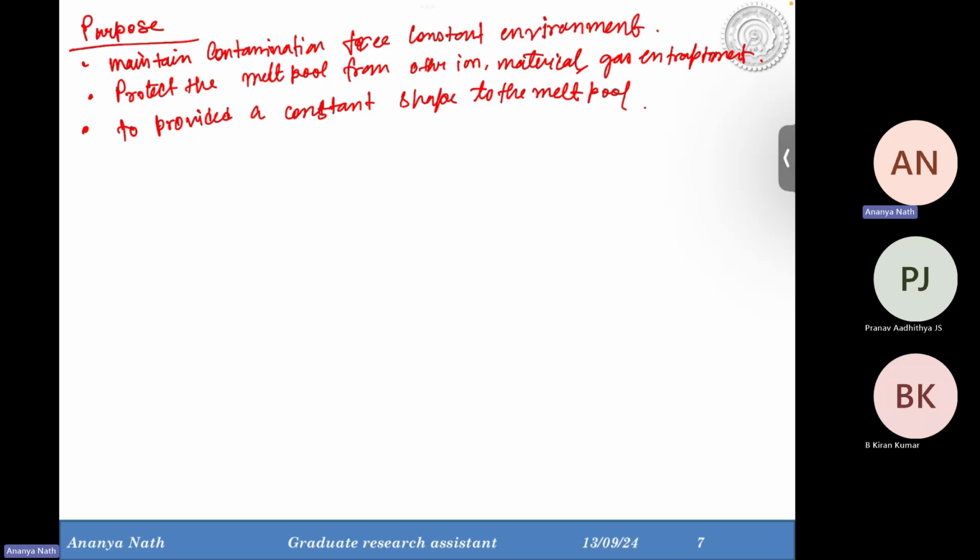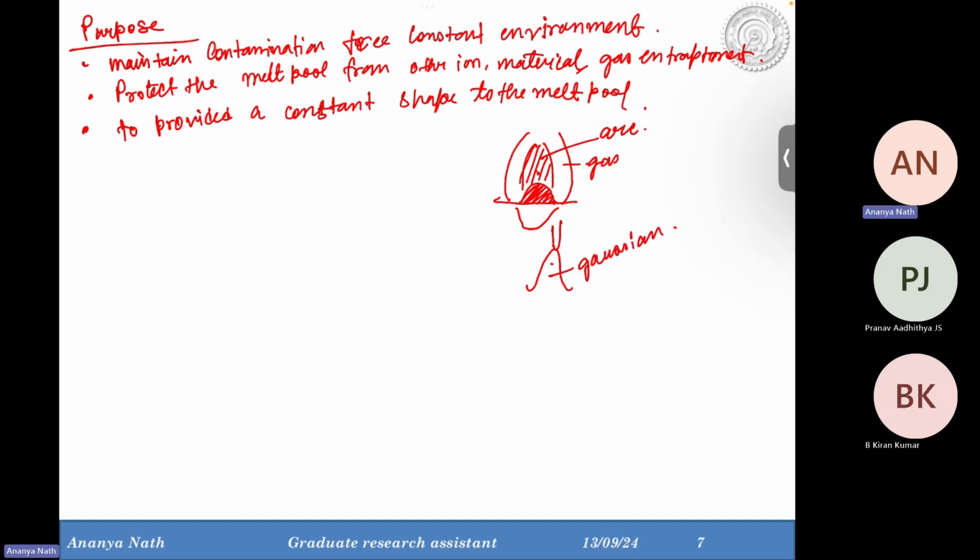So the gas flow rate will be high, so that the shape of the arc is maintained. The arc is coming like this, and the deposition is taking place like this. If this is the arc and this is the gas, the arc will maintain its shape like this, and the melt pool will also maintain its shape, because originally when the arc comes from above, it will have a Gaussian profile.